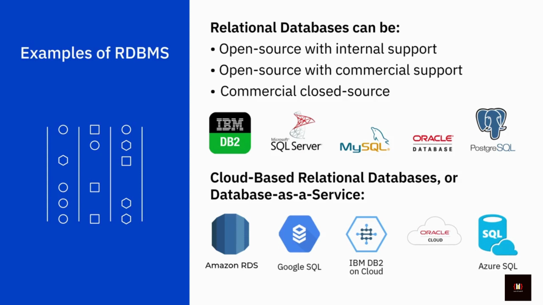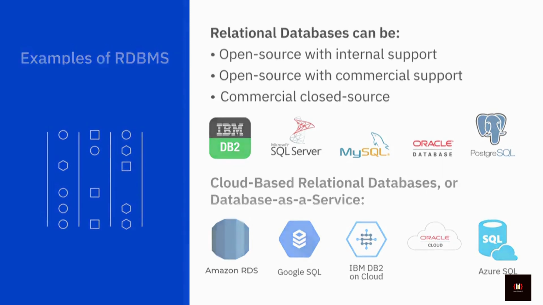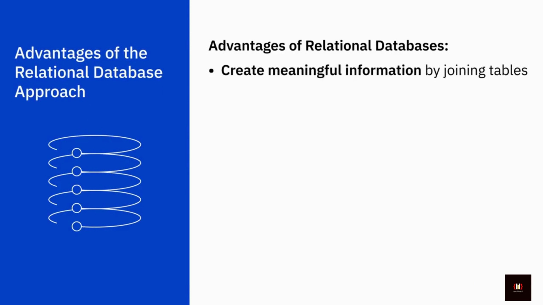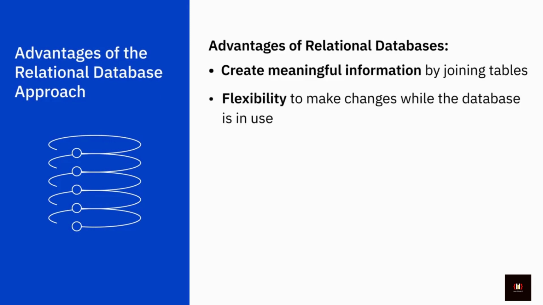RDBMS is a mature and well-documented technology, making it easy to learn and find qualified talent. One of the most significant advantages of the relational database approach is its ability to create meaningful information by joining tables. Some of its other advantages include flexibility.